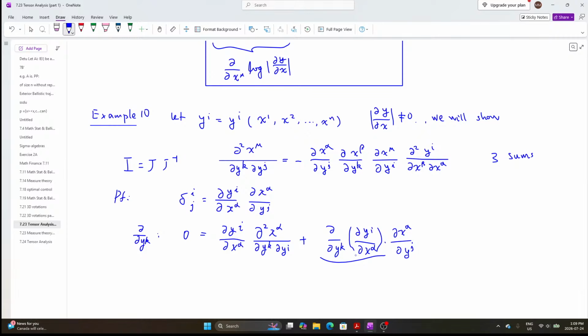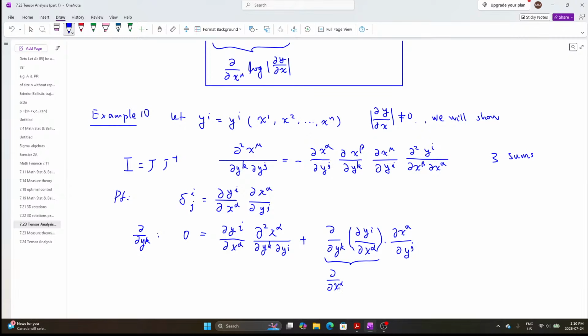Well, we can consider the chain rule, because here you have a derivative of y with respect to x. So let's use the chain rule and write that as d over dx alpha.